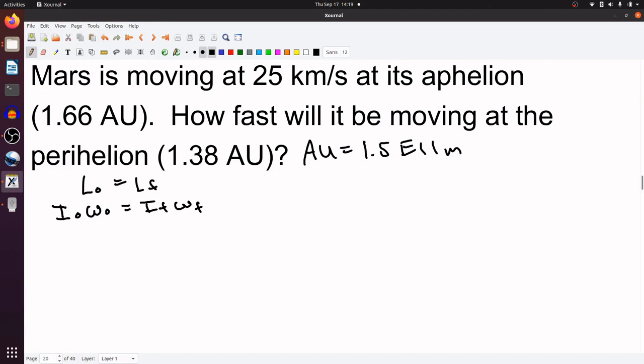No, they're pretty much point particles at that distance, because they're so small that their rotational inertia is nearly negligible. And so it's just going to be m r squared. So that's going to be m r naught squared omega naught is equal to m r f squared omega f. So now our mass cancels out because we didn't have that. Notice that the values I gave you are linear velocities, and so I will have to make a substitution here.